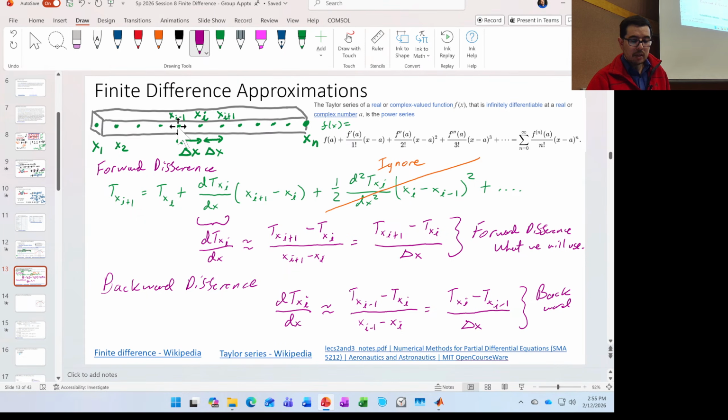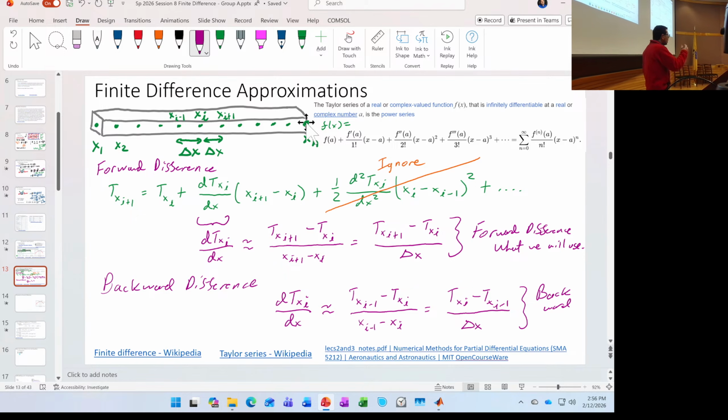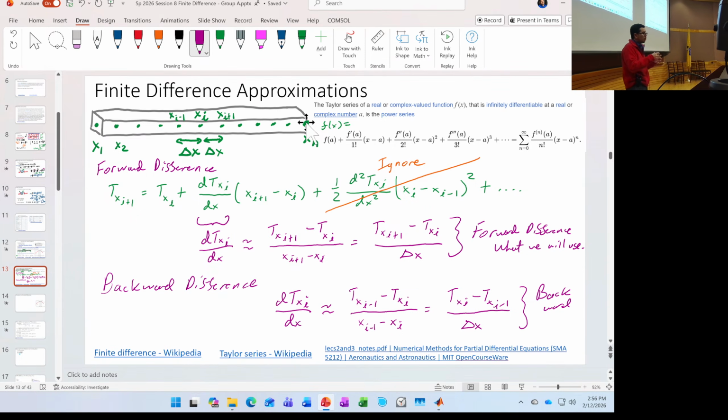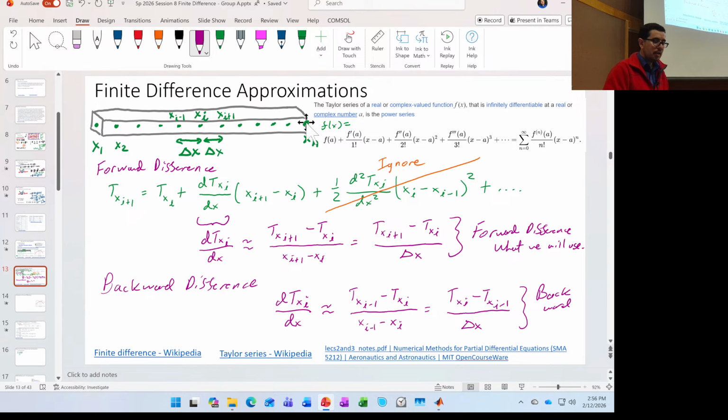Or I could go backward instead to approximate what it is here. I could use this value. What happens though when you're at the left end? Or what happens when you're at the right end? Yeah, go ahead, Josh. You only have one option. And you need both options to solve the entire problem, because you have a left end and a right end. So we have the opportunity when we code to keep track of these differences.